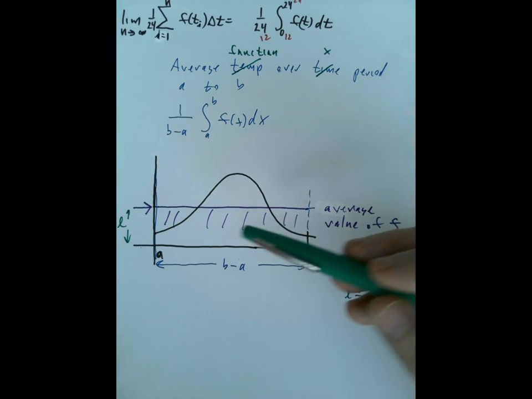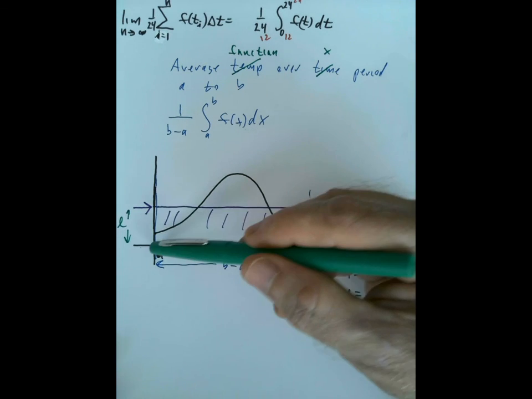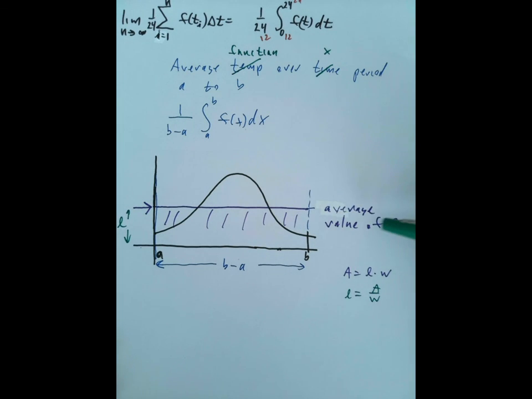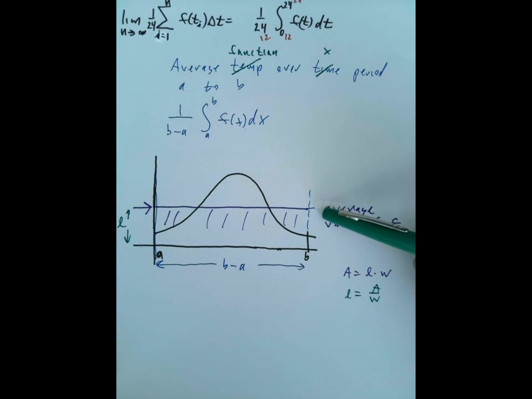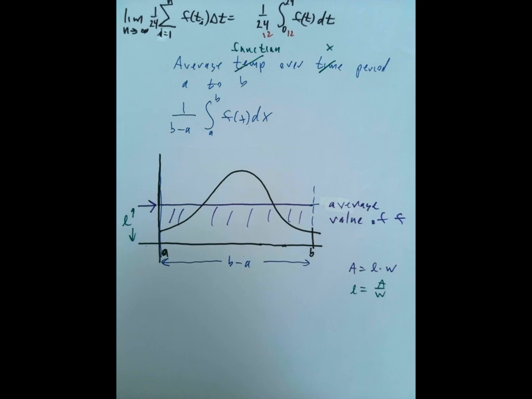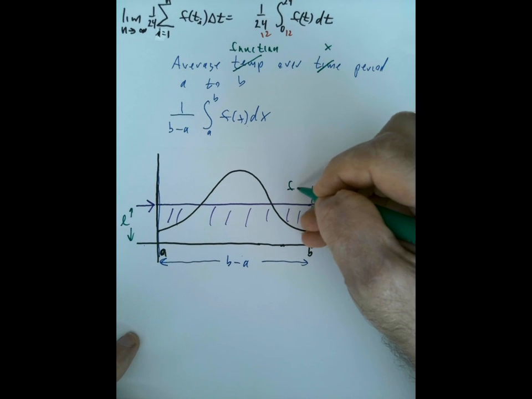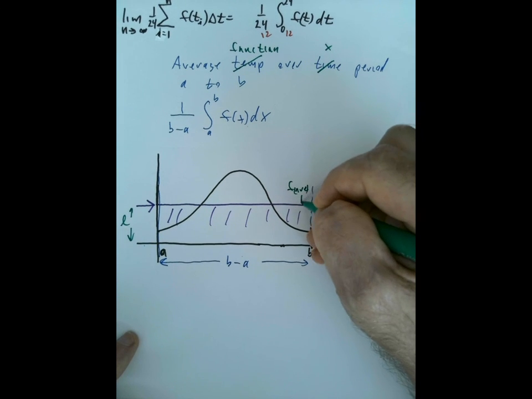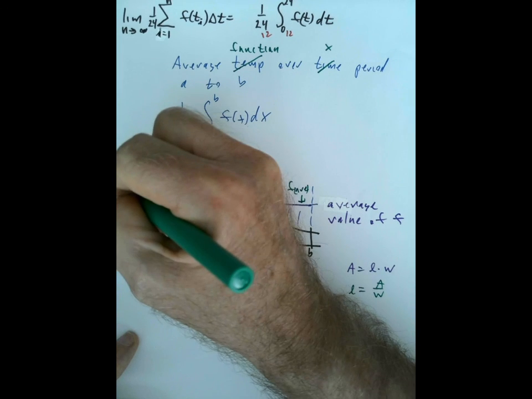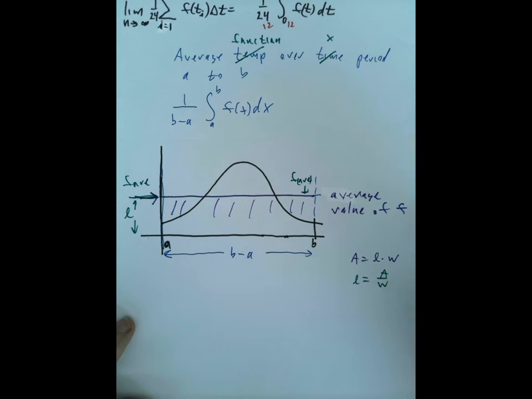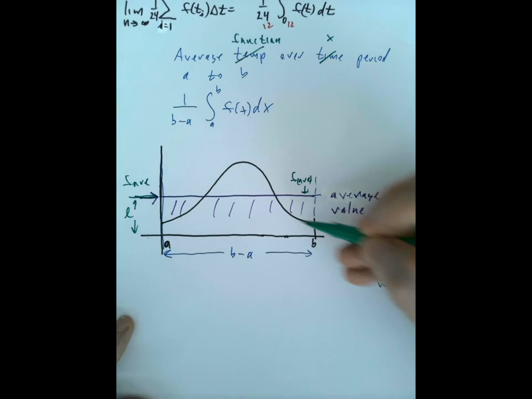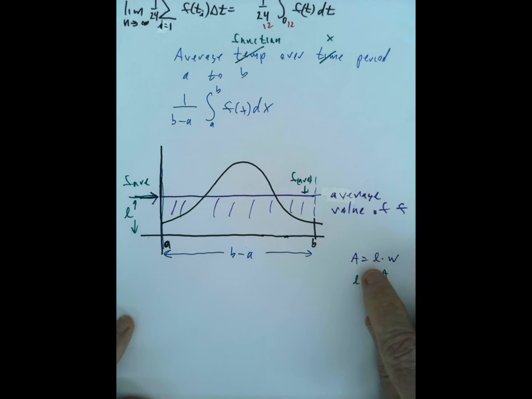Well, here's what we just did. We calculate the area under this curve, which is the area under the f of x. This line right here is f average, whatever that average temperature is. We find the area under that curve, which is A, the area. Now remember, area is length times width, right?